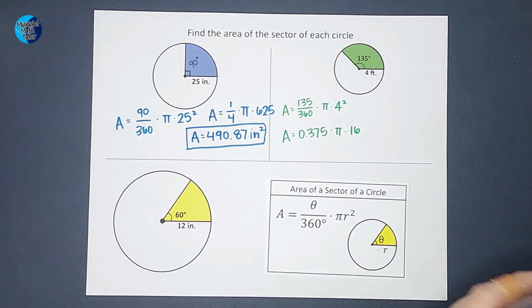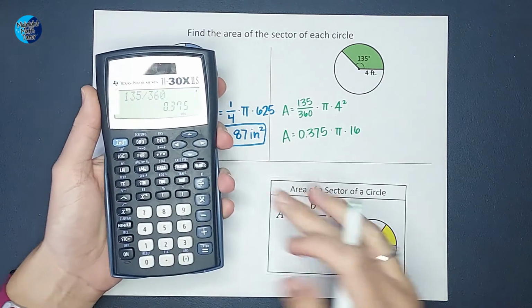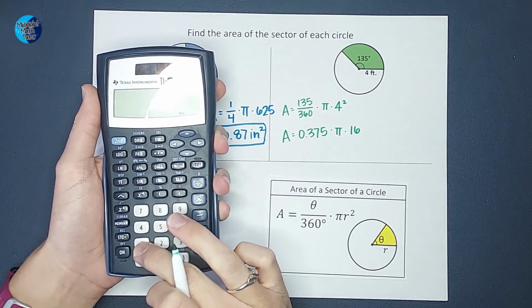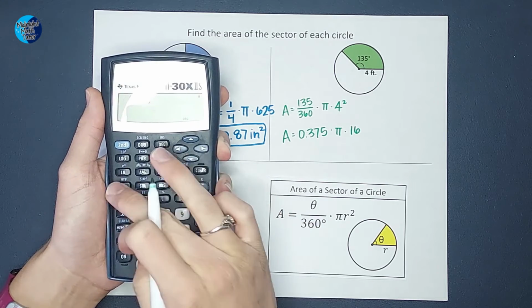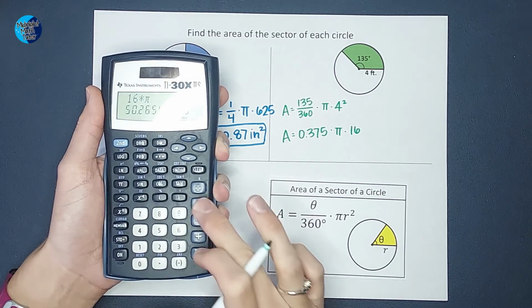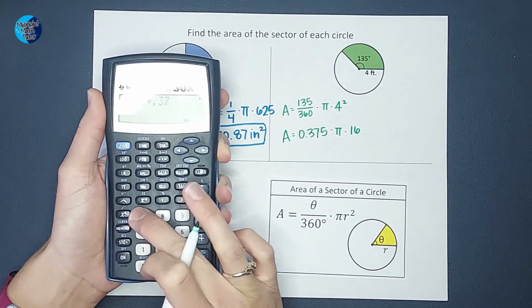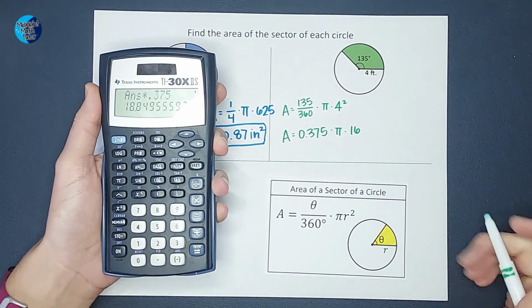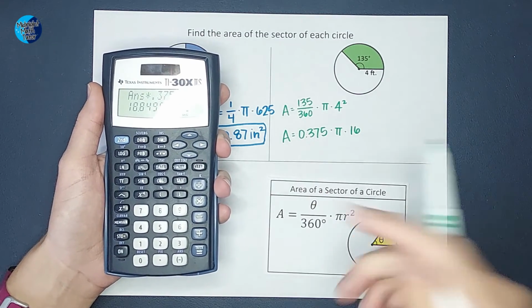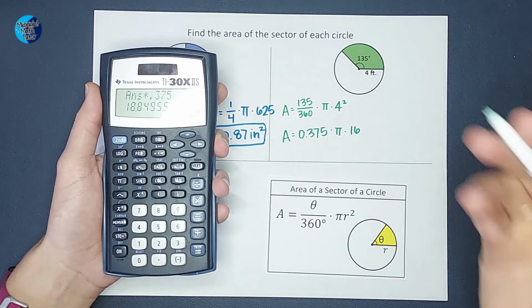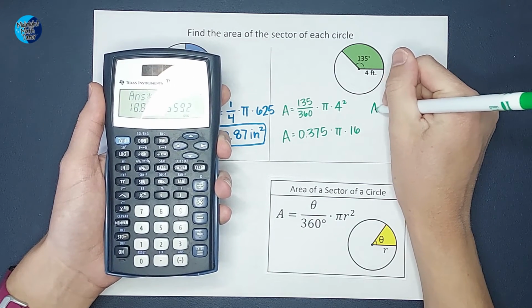Now when I multiply these all together, I'm going to do 16 times pi times 0.375. And I get a big number. Again, we'll round to the nearest hundredth or 2 decimal places.